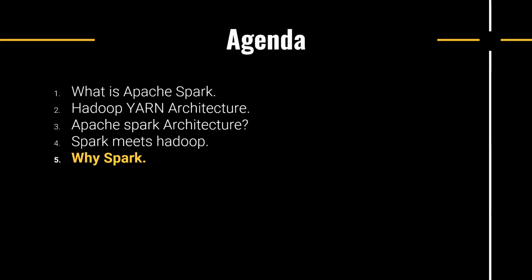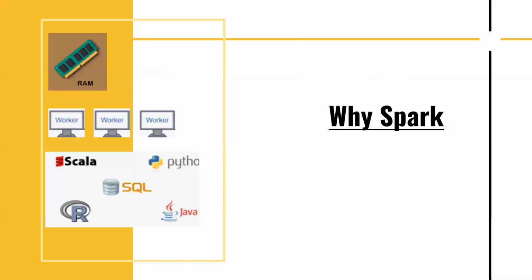Now our next and last part is why Spark. Although we have different traditional ETL tools, why is there a requirement for Spark? As you know, Spark supports in-memory computation. This is a very important factor in considering Spark as a tool for processing huge data.